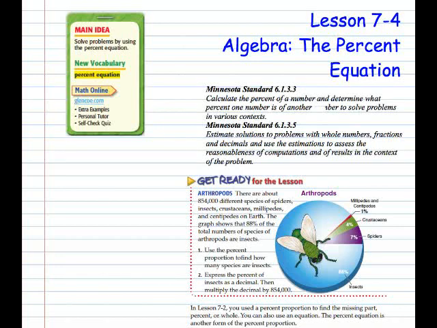Okay, the part P over 854,000, which represents the whole in our proportion, equals 88 over 100. Cross products give us 100p equals 75,152,000.